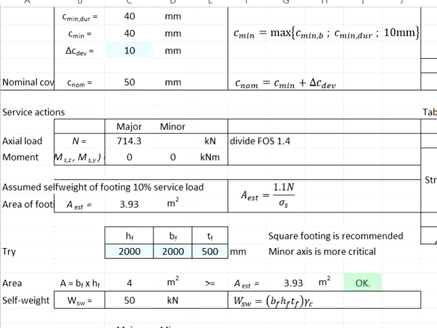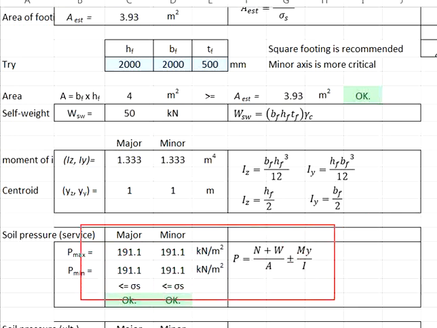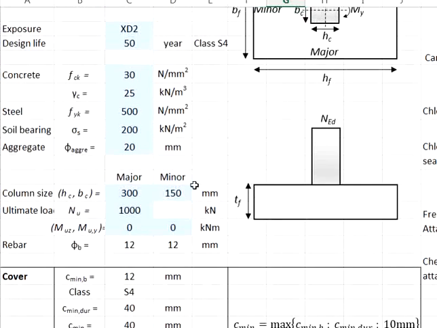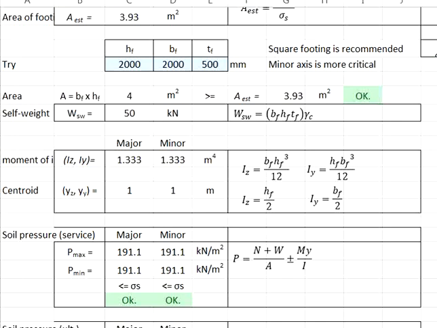Not only that, we will need to confirm that the soil bearing pressure due to the load does not exceed the soil bearing capacity where the pad footing is sitting on. In this case, the soil bearing capacity is 200 kN per meter square, and the pad footing is subjected to axial loads only.